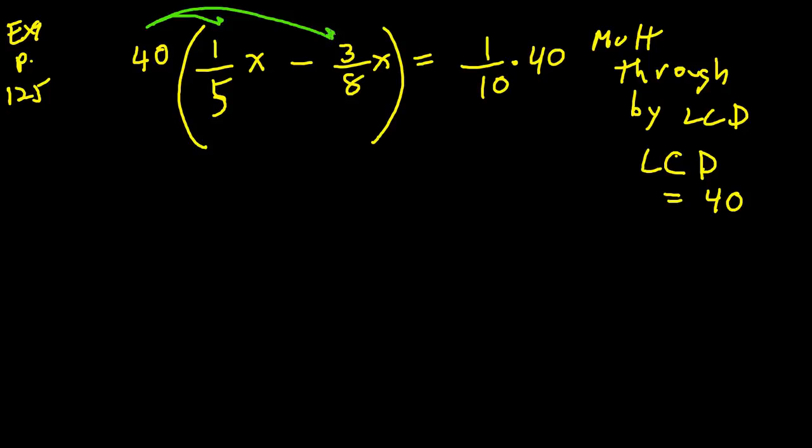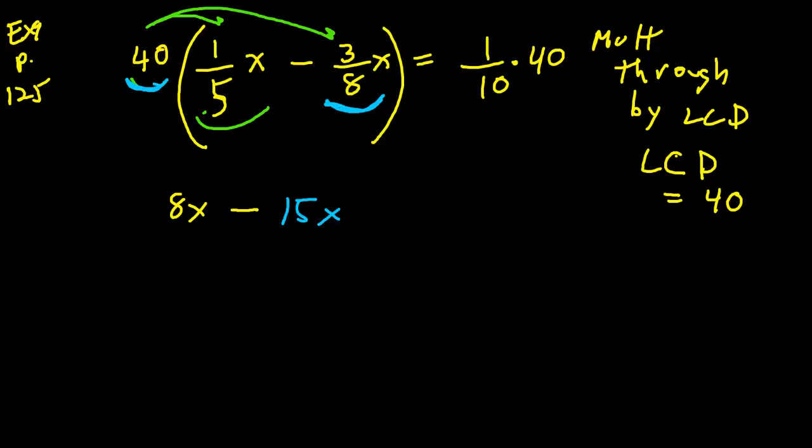All right. Now 40 times 1/5 x, well, 5 will cross-cancel into 40 8 times, and 8 times 1x will give me 8x. Minus. Well, let's see. 40 times 3/8 x. 8 will cross-cancel into 40 5 times, and 5 times 3x is going to be 15x.